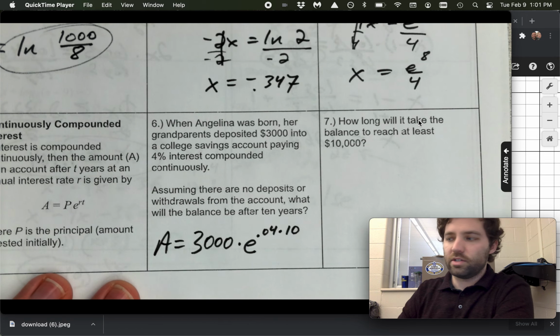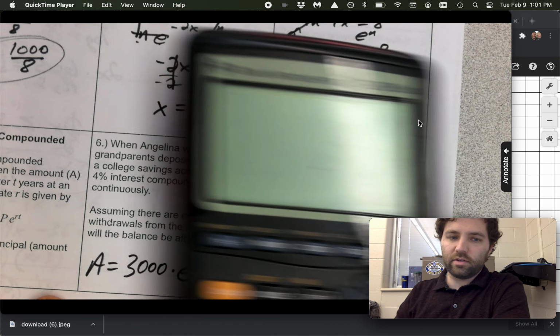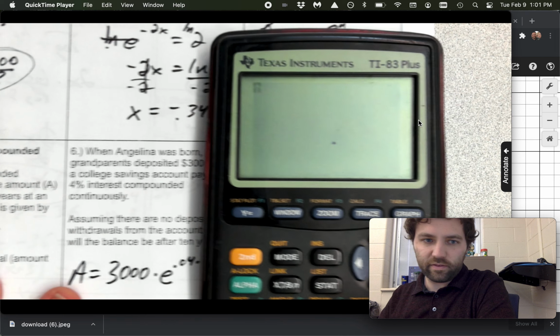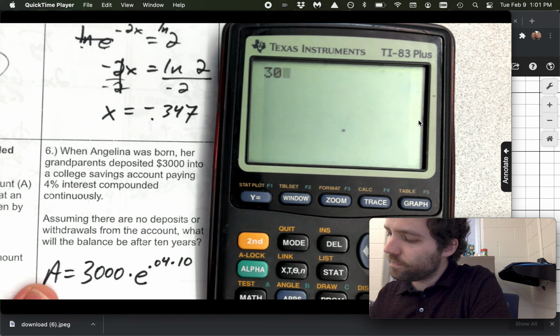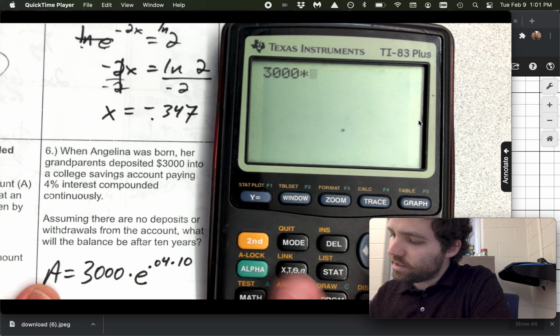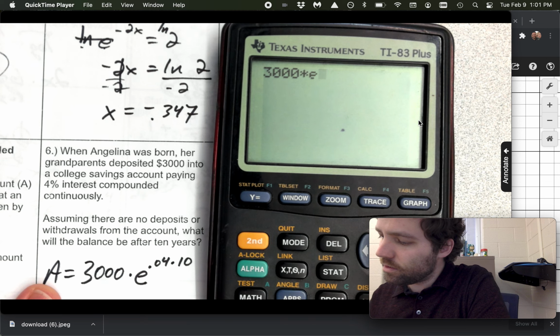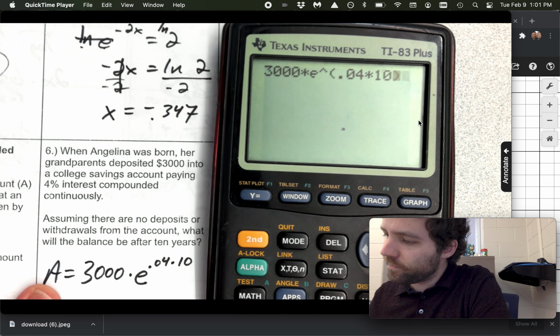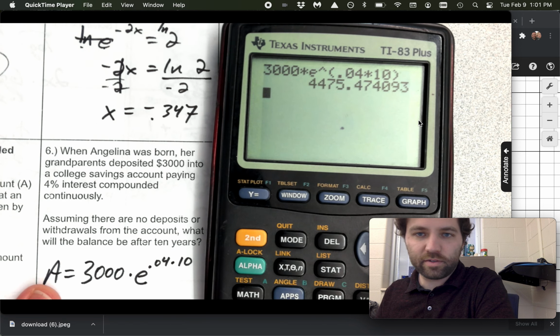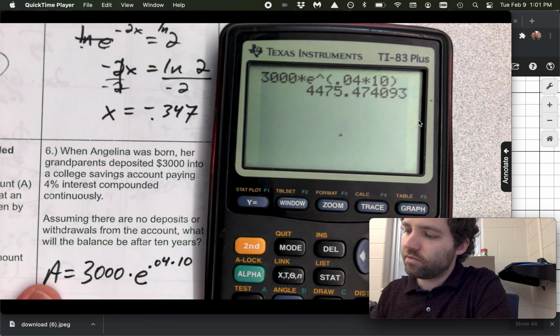All right, and so we can just put that into the calculator, or you can type it into Desmos. I've got the calculator right here, so I'm just going to go 3,000 times e raised to the 0.04 times 10. And in Desmos, you just type in the same expression. So you end up with 4,475.47.